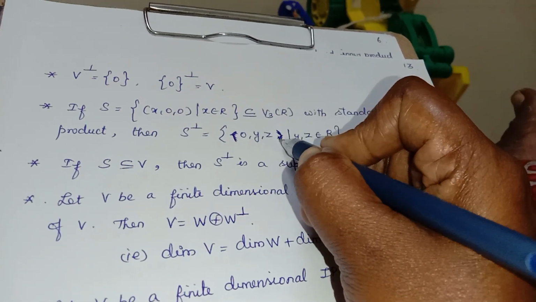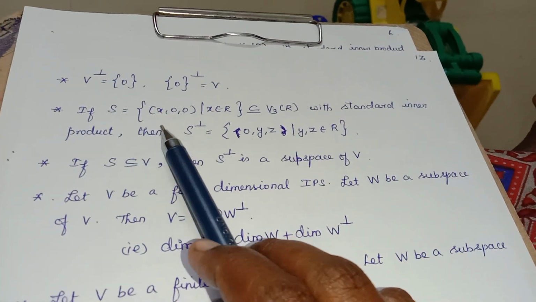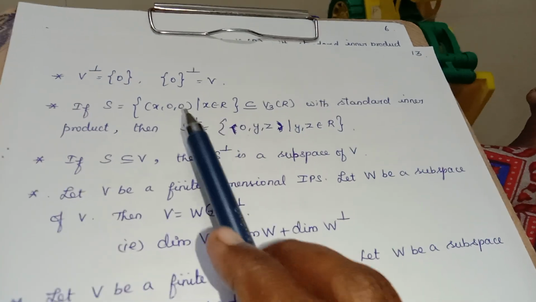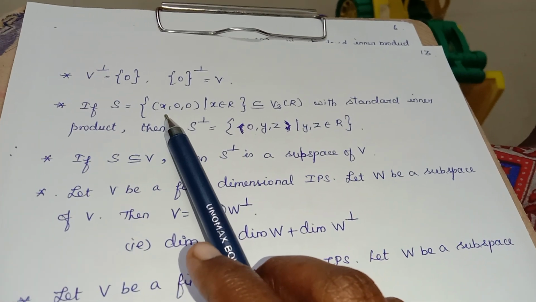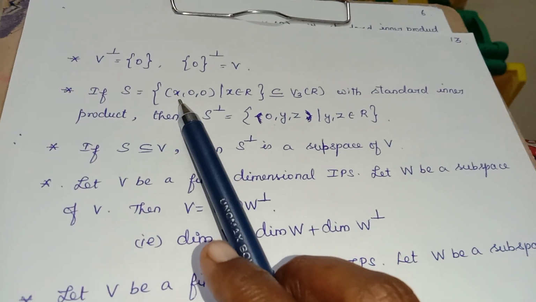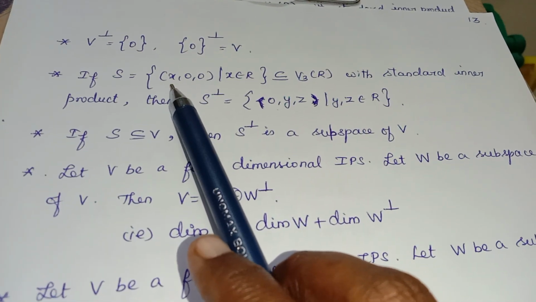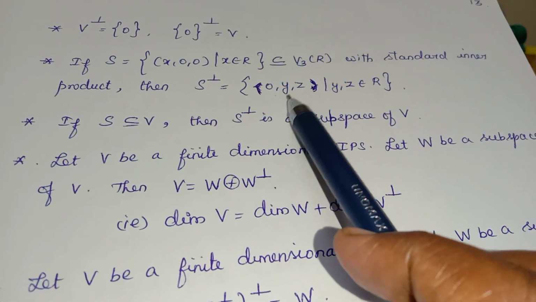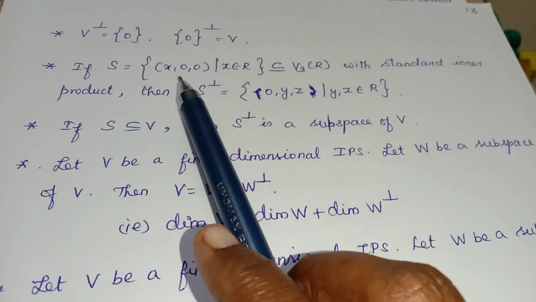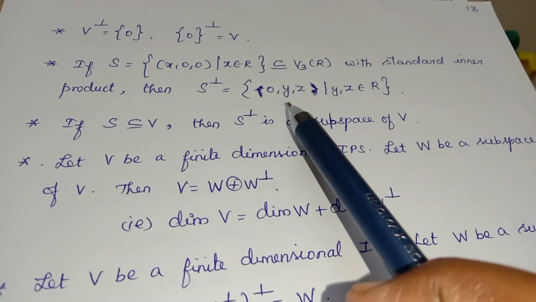These two are orthogonal because of coordinate-wise multiplication: x into 0, 0 into y, 0 into z, all 0. This is nothing but the set of all points on the x-axis. And this is nothing but the set of all points in the YOZ plane. So the set of all points on the x-axis is the orthogonal complement of the set of all points in the YOZ plane.